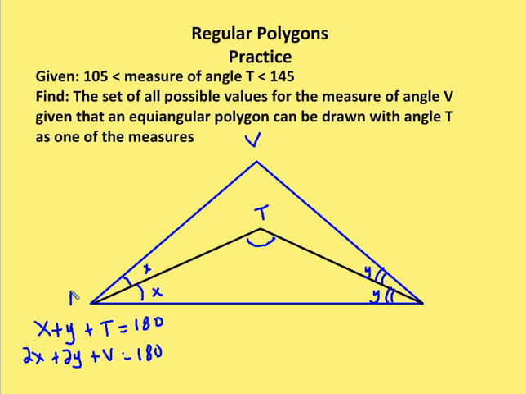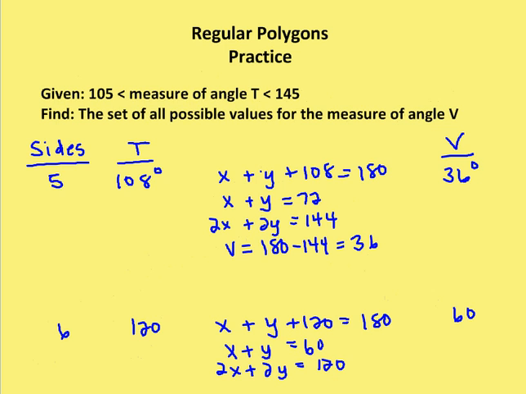This ray, we'll call it A, bisects TAW, and this ray TW bisects VWA. So as part of the problem, we can see that x plus y plus t is equal to 180 degrees, and then 2x plus 2y plus v is equal to 180 degrees. We're going to use this information to solve for v.